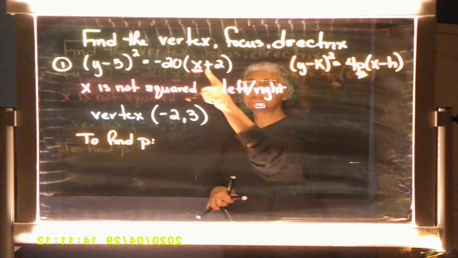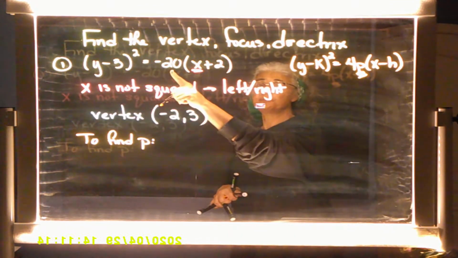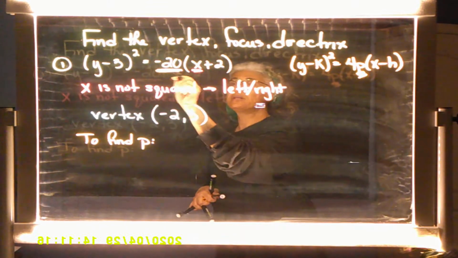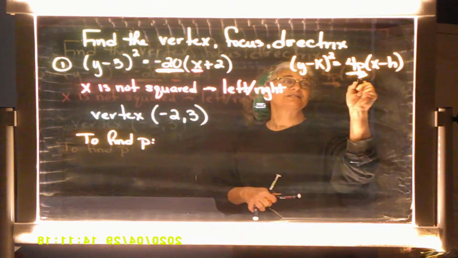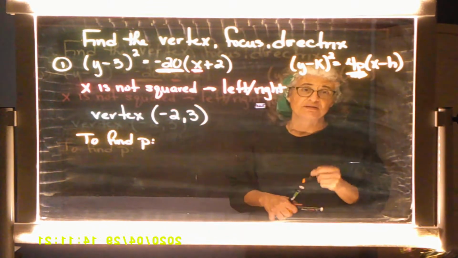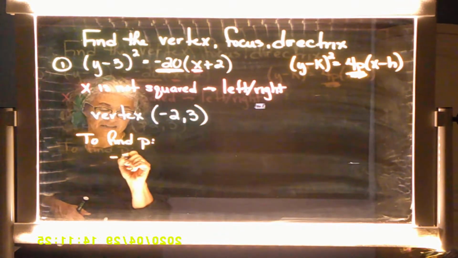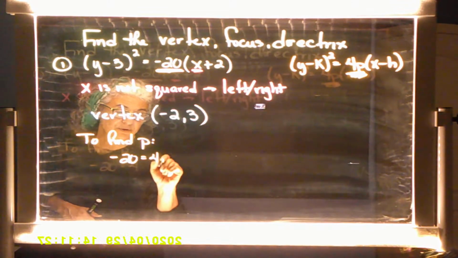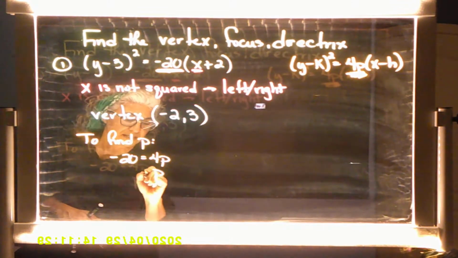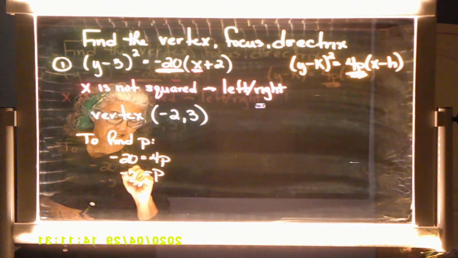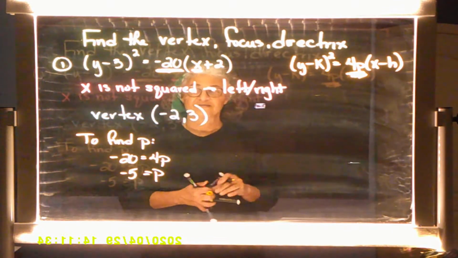Well, do you notice what's in front of the x parenthesis in the problem? Yeah, a -20. A -20 is in place of not just the p, but the 4p, isn't it? Okay, which means in this case, I have -20 equaling 4p, which means p has the value of, excellent, -5.